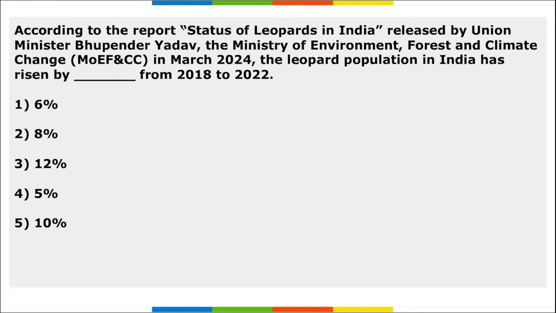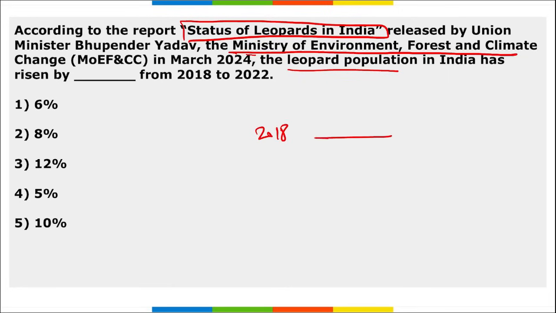Next, according to the report Status of Leopards in India, released by Union Minister Bhupendra Yadav of Environment, Forest and Climate Change in March, the leopard population in India has risen by how much from 2018 to 2022? It has increased by 8%.